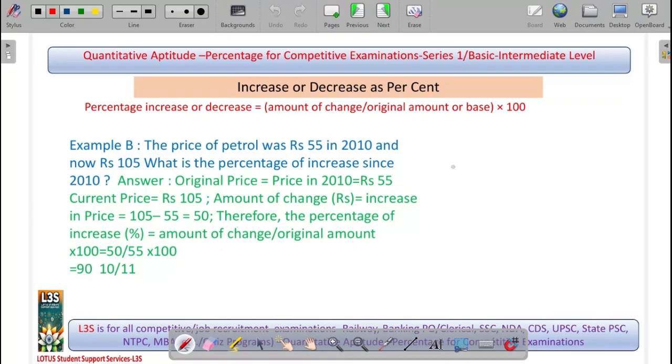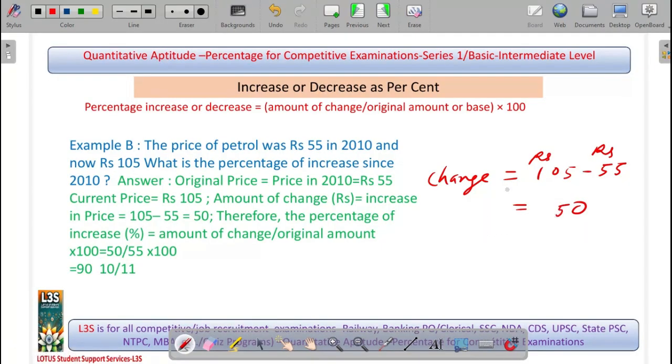Another example: the price of petrol was 55 rupees in 2010 and now it is rupees 105. What is the percentage of increase since 2010? So what is the change in petrol price? Petrol price 105 minus 55, so it will be 50 rupees.